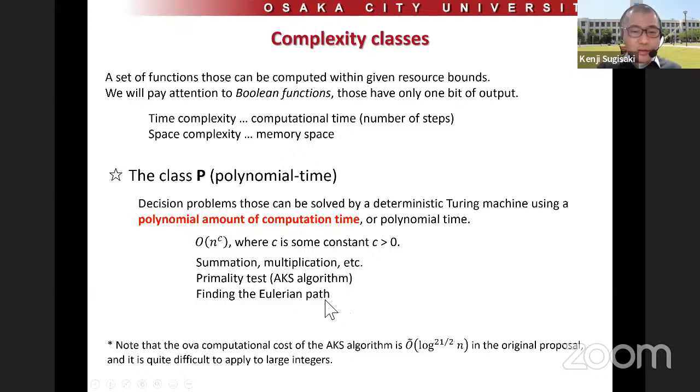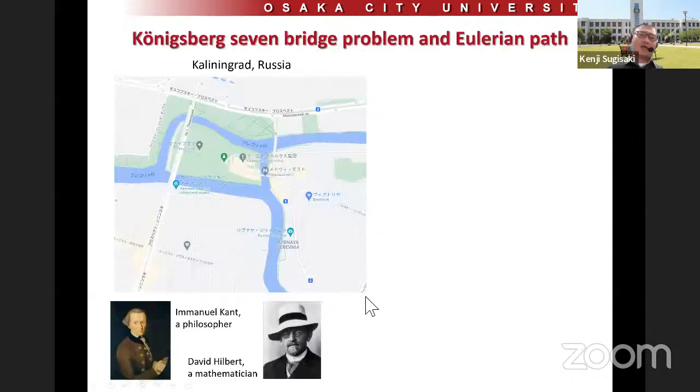So let us introduce this Eulerian path. The Eulerian path is very famous, and usually it is explained by using the Konigsberg seven-bridge problem. Konigsberg is the birthplace of the very famous philosopher Immanuel Kant, and also the mathematician David Hilbert.